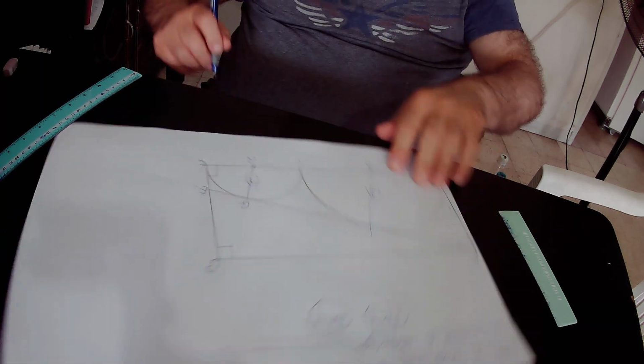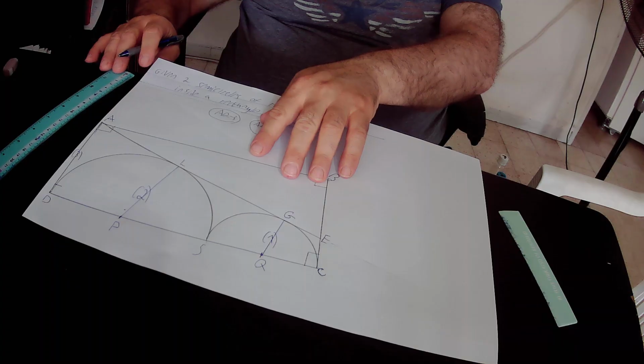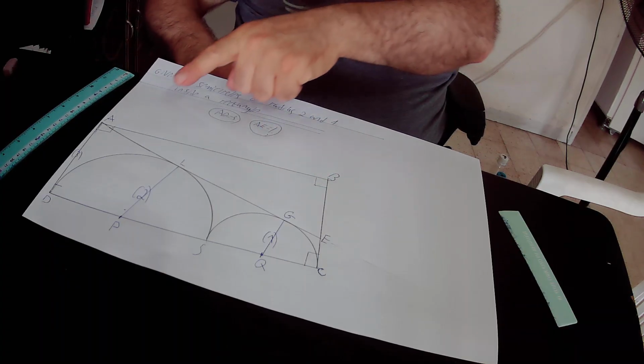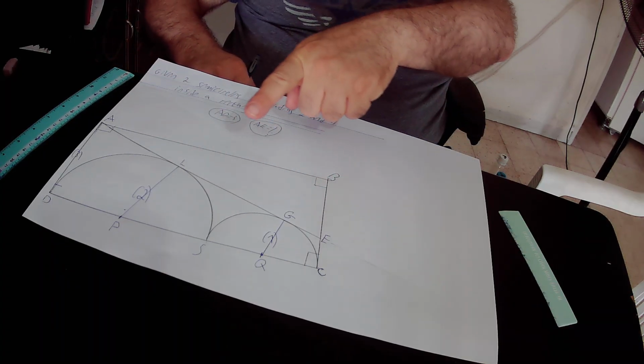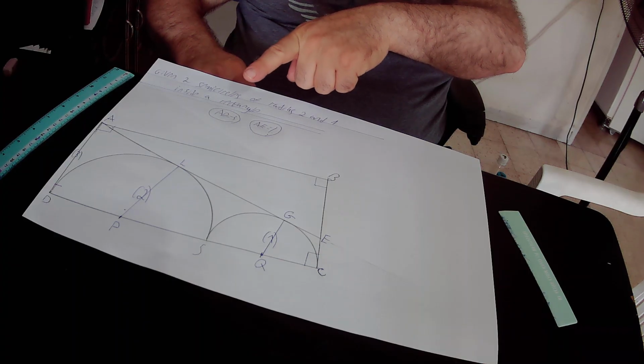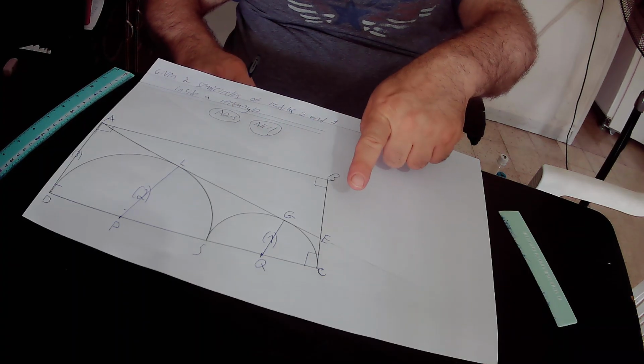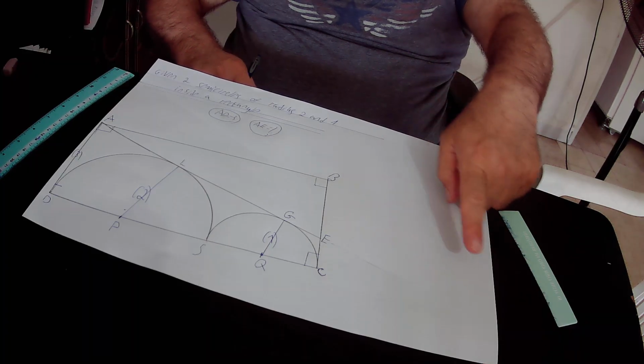In the next step, we will do a construction, that is to say, we will extend side CD of this rectangle ABCD, and side AE by straight line until they touch each other.